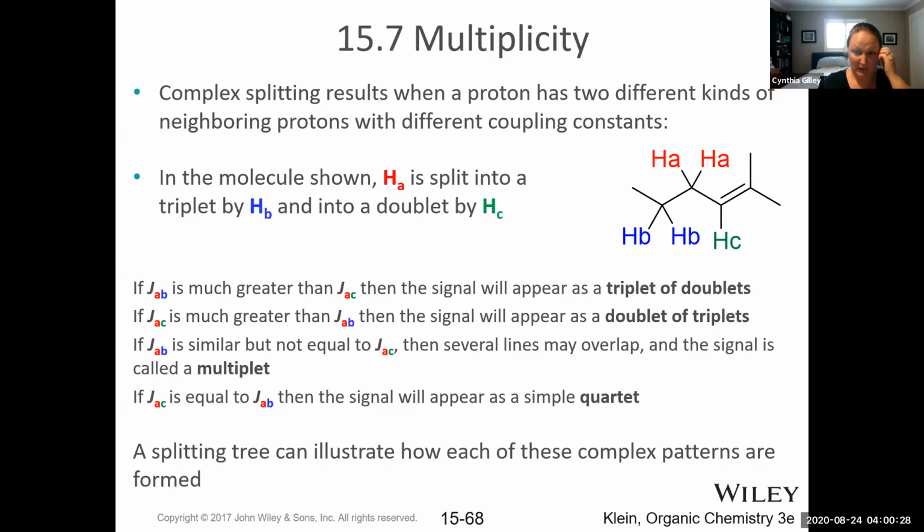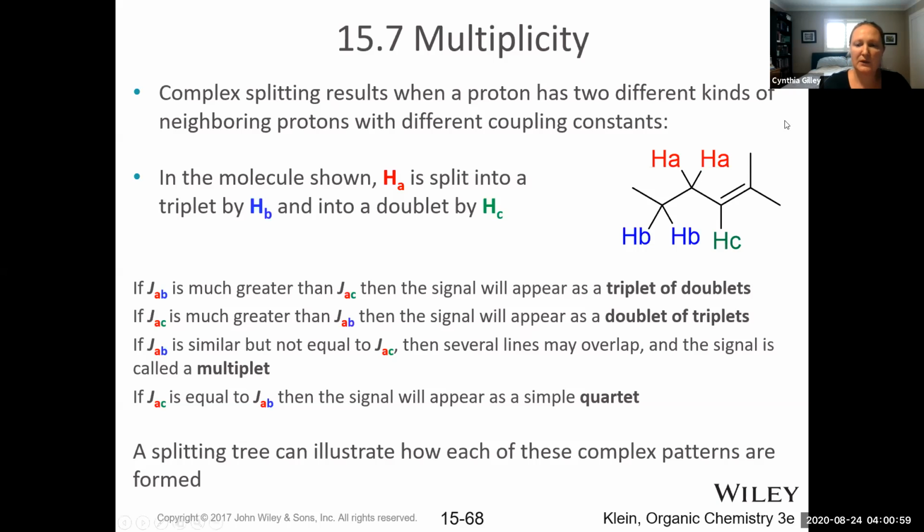So for example, we've got protons as neighbors on both sides, and the amount that they split HA, the coupling constant, is different. If that's the case, then we won't see a simple quartet. However, if the coupling constant is the same, meaning JAB is equal to JAC, then you will see a quartet.